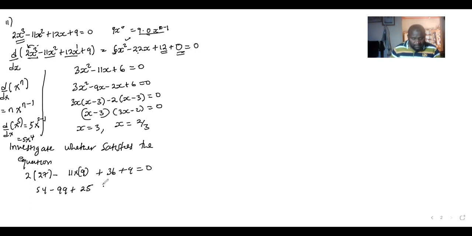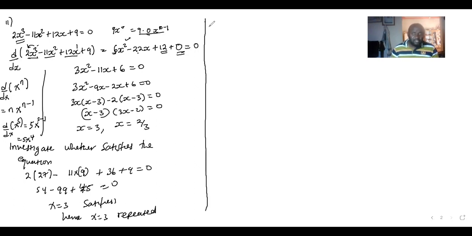This is 54 minus 99, 54 plus 25. What do you get? No. My bad. This is 45. So it gives us 0. So x is equal to 3 satisfies. Hence, x is 3 is repeated.